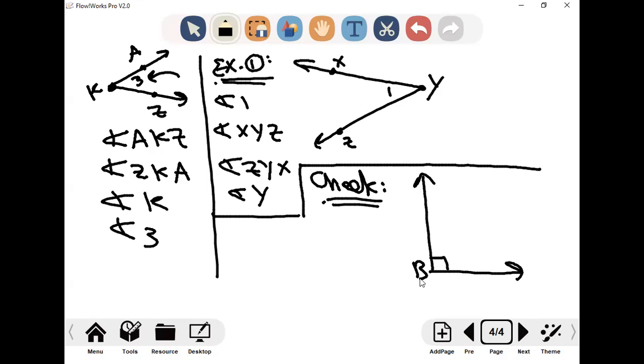Without this square, how much? No, we don't know. We need to measure it with a protractor. But if you have the square, you can say 90. Without this square, you cannot judge.